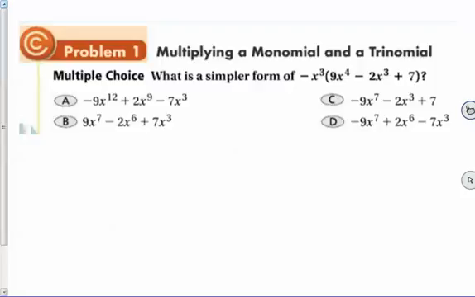First thing we've got here is, what's the simpler form of negative x cubed times all that?